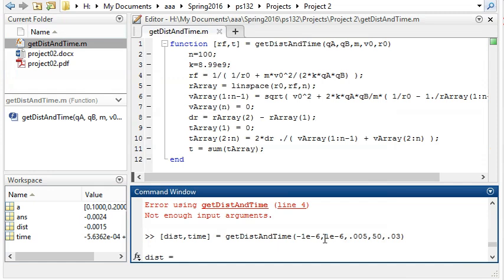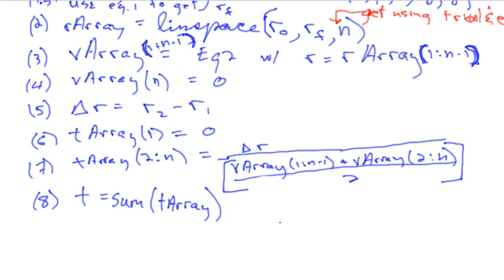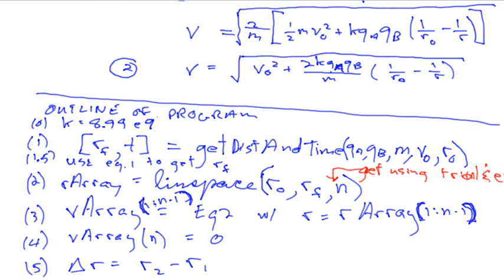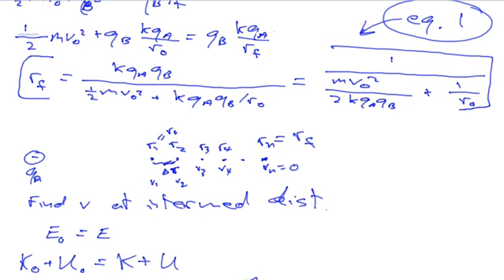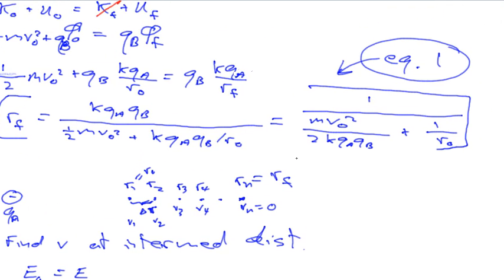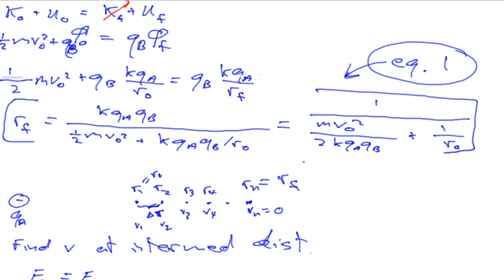Let's see if I can see why RF first off would come out negative. Let's see if I typed it in right. So I think RF is from equation 1. And this is definitely negative because one of the charges is negative.